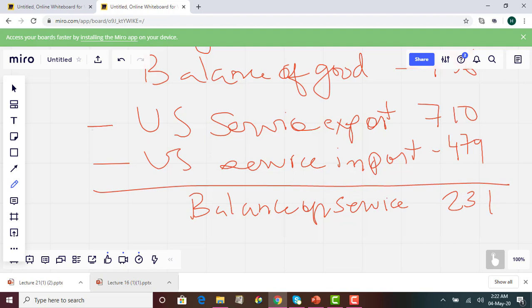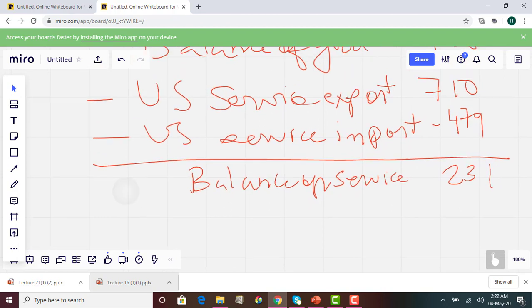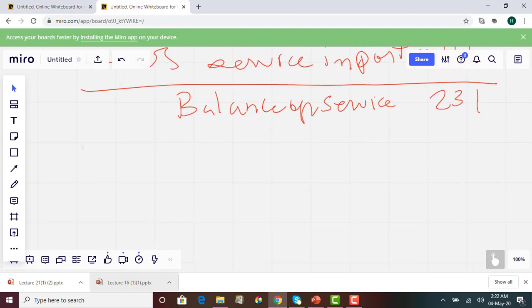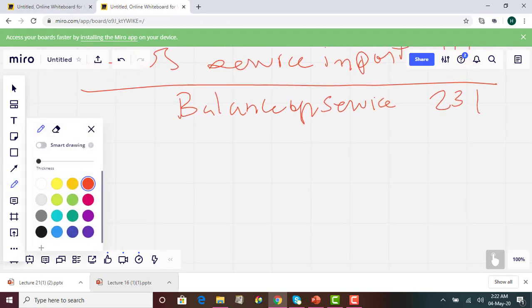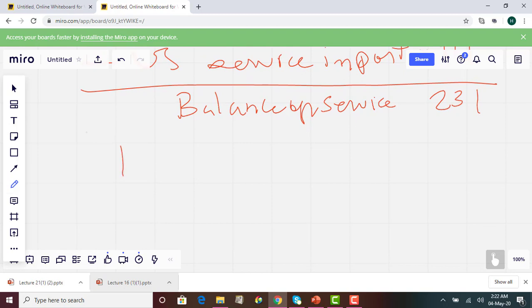Finally, the balance on goods and services is, we add those two numbers, so we will do 231 plus minus 736, right?